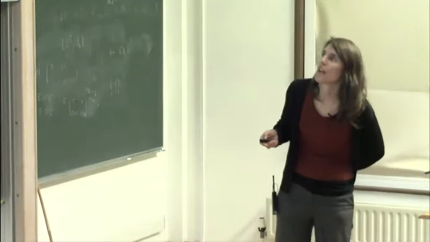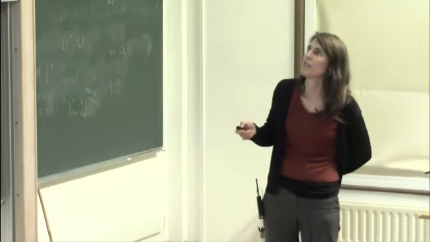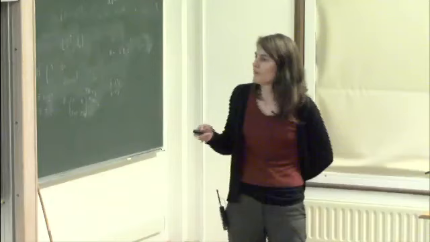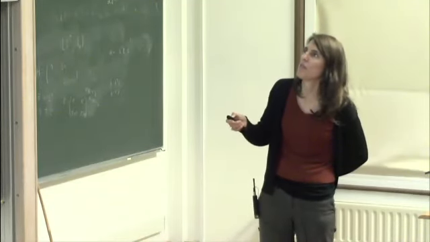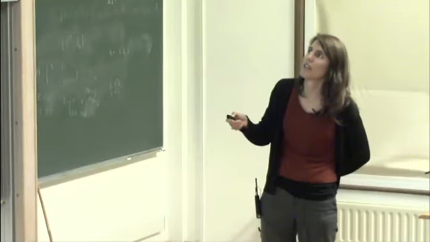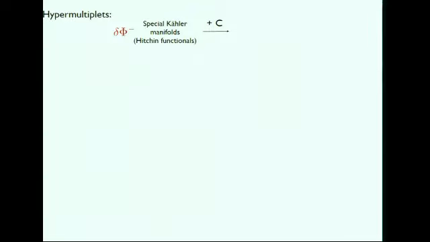While for hypermultiplets, delta phi minus, which is omega, is part of the hypermultiplets, and if you just have phi minus, this builds a special Kähler manifold, and the Kähler potential is given by the Hitchin functional, the same as for phi plus. Now, if you add the Ramond-Ramond fields, phi minus is embedded in this triplet, in the 133, and we are supposed to get quaternionic manifolds out of the hypermultiplets.